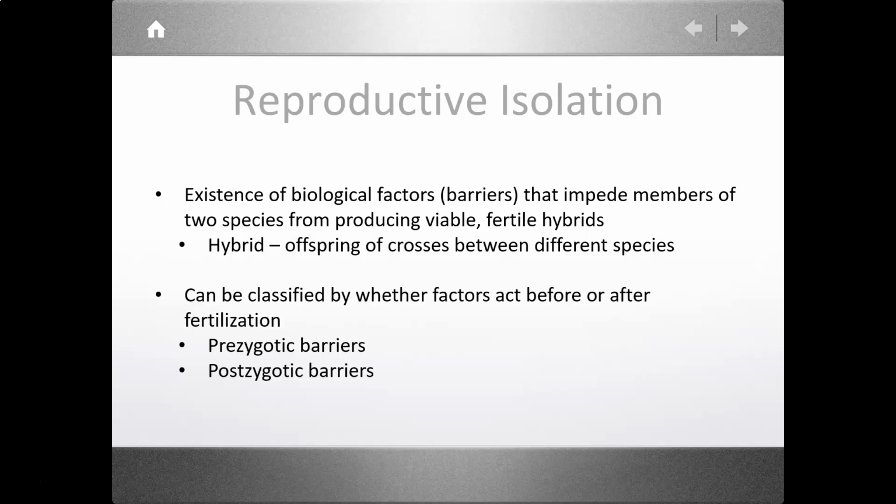So where does that reproductive isolation come from? Well, it's usually some sort of geographic isolation that starts it, although that's not necessarily required, where those two populations physically become incapable of accessing each other. Not always required, but that's often what we see.